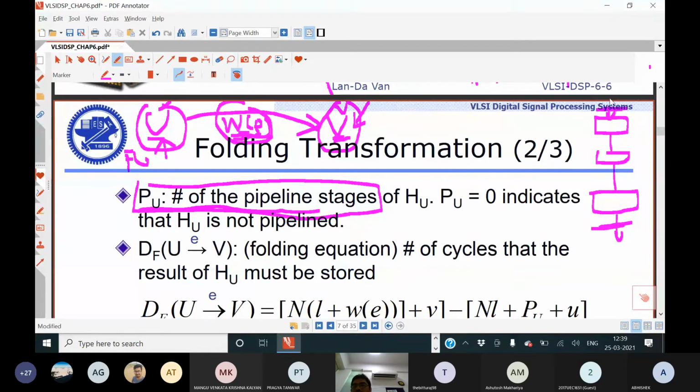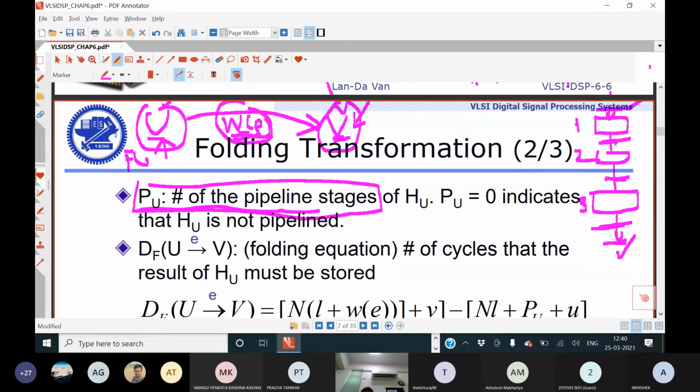So if I apply an input over here and the output is generated at this particular end, there are the pipeline stages. If I consider this a 3-stage pipeline, that means 2 buffers are there. This is my first stage, this is my second stage, this is my third stage.